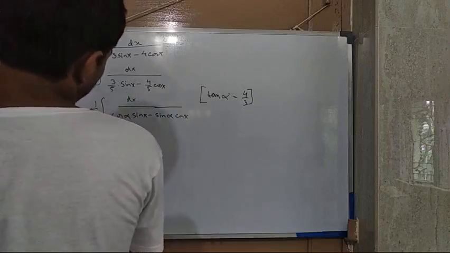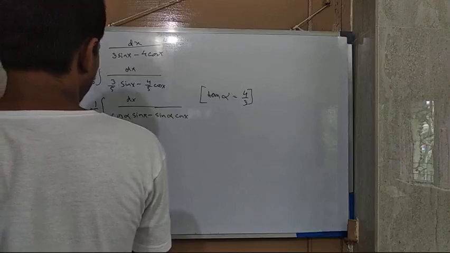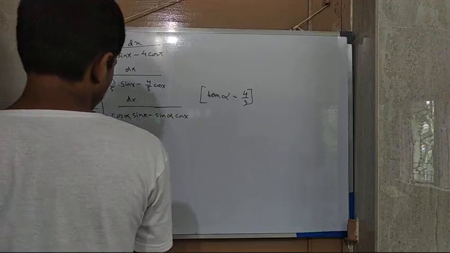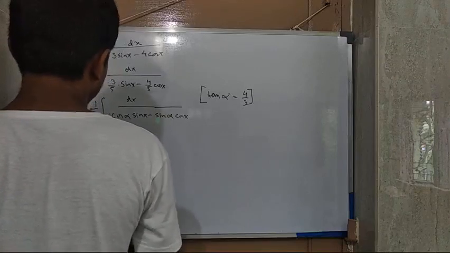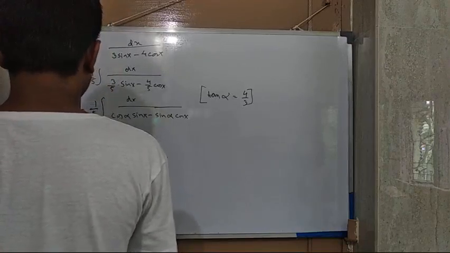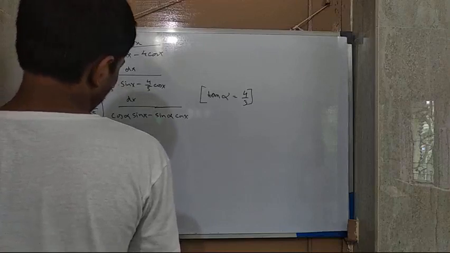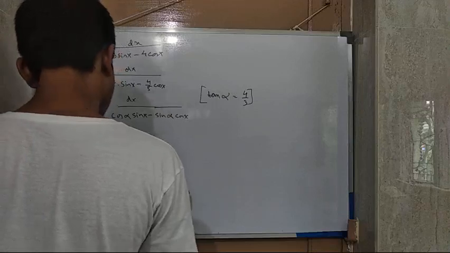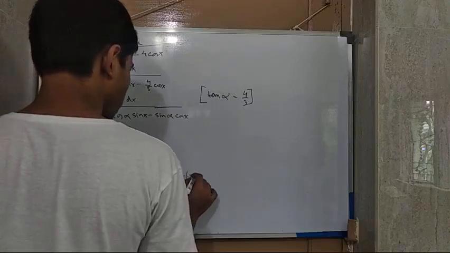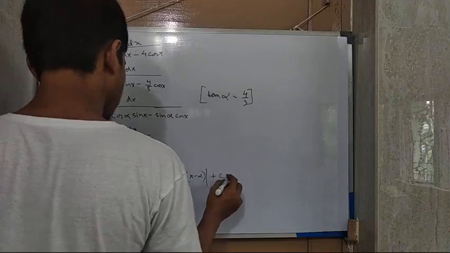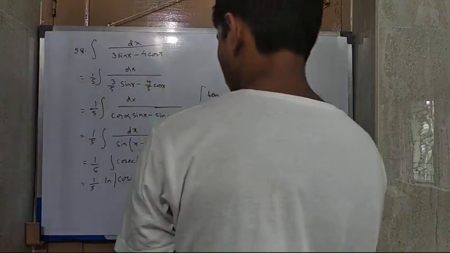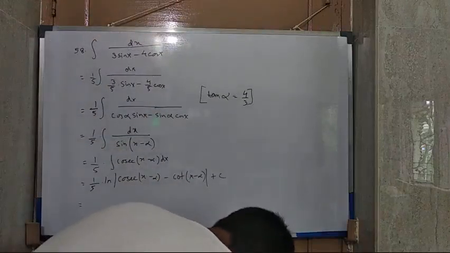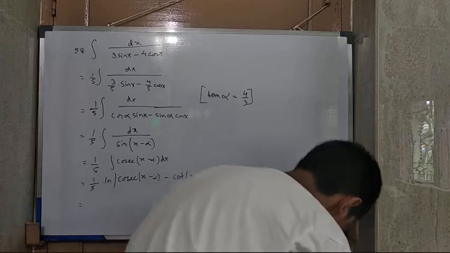So this is 1/5 integral cosec x minus alpha dx, and this again becomes 1/5 ln of cosec x minus alpha minus cot of x minus alpha plus c, where you can just substitute alpha as tan inverse 4/3.